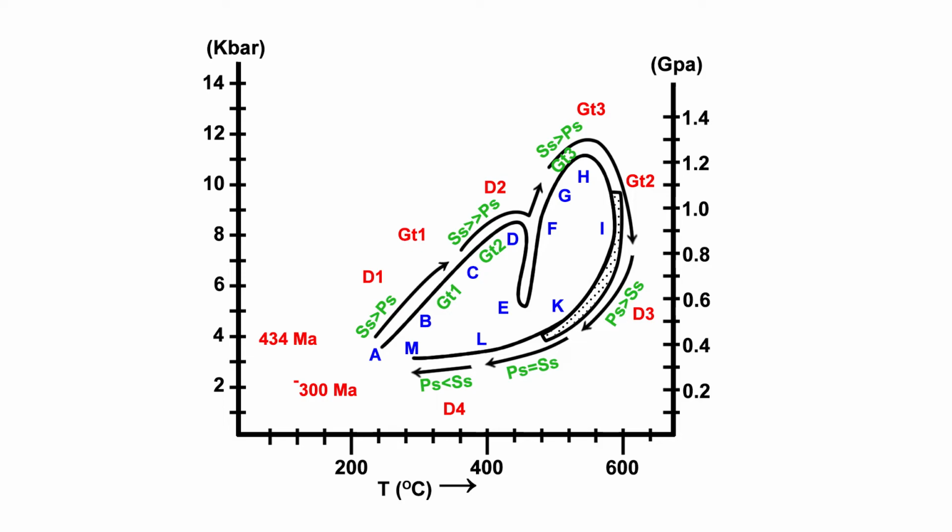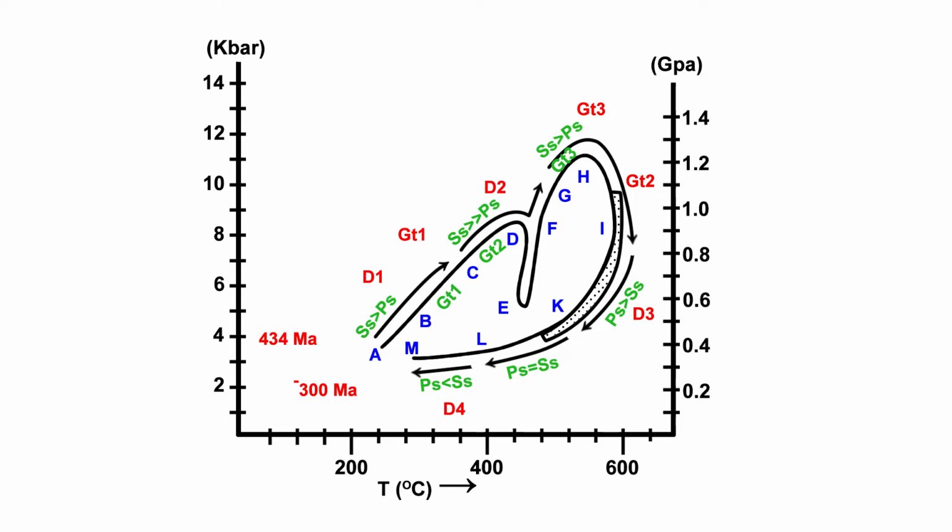Garnet 3 is positioned in microlithons. Crystals are broken by D4 shearing. Muscovite orientation along S3 indicates that S3 is a crenulation cleavage. Pressure-temperature values are 12 kilobar, 650 to 800 degrees centigrade.